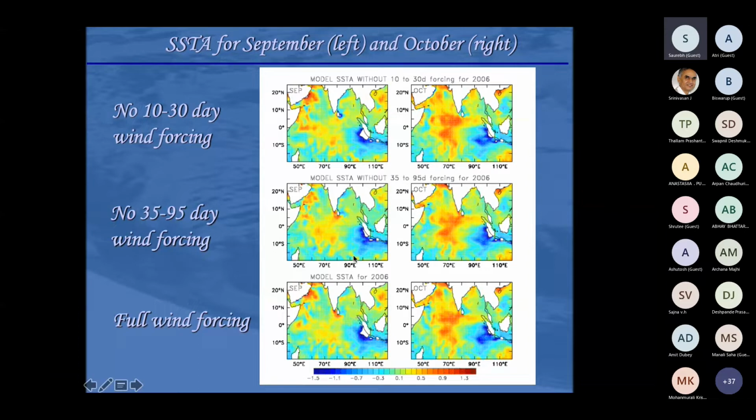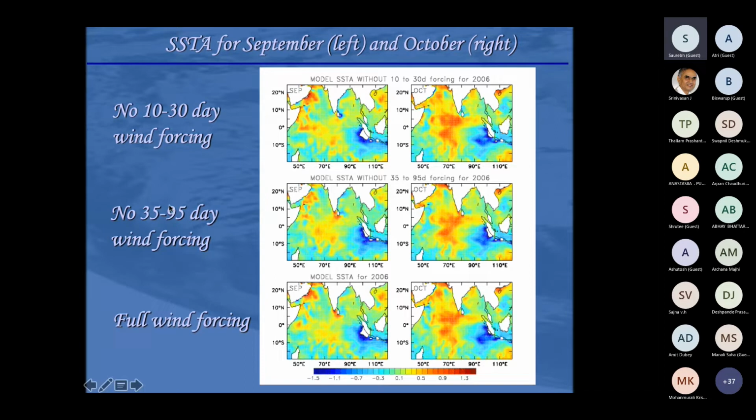So here what we see is that these anomalies are very similar. For example, if you look at October, there is not much difference. This suggests that this intra-seasonal forcing is not very important for the evolution of the Indian Ocean dipole that happened during 2006.